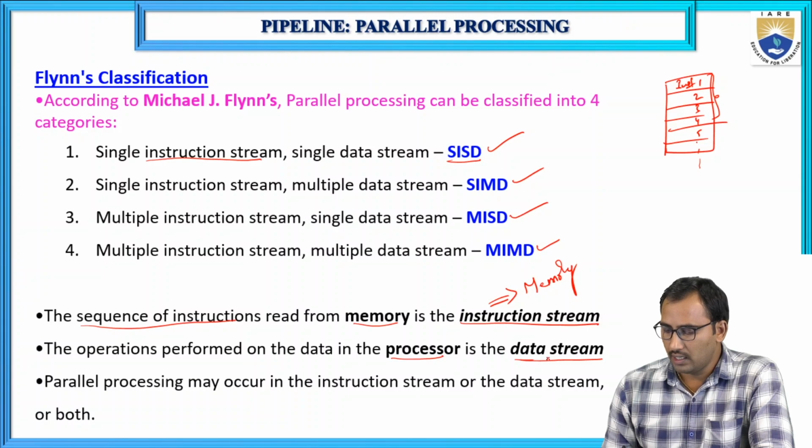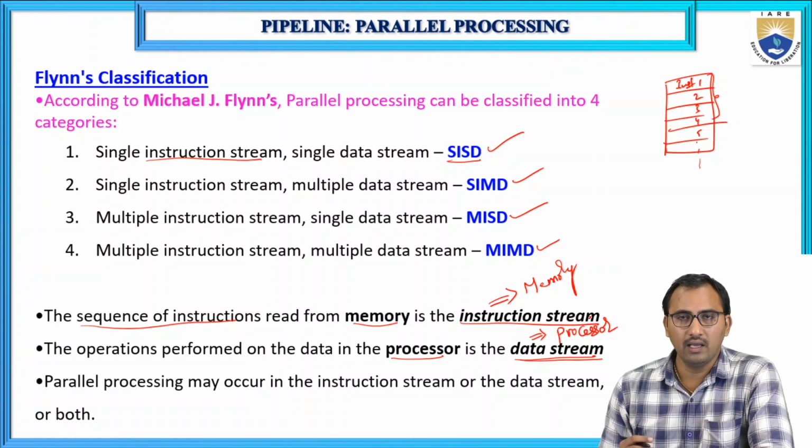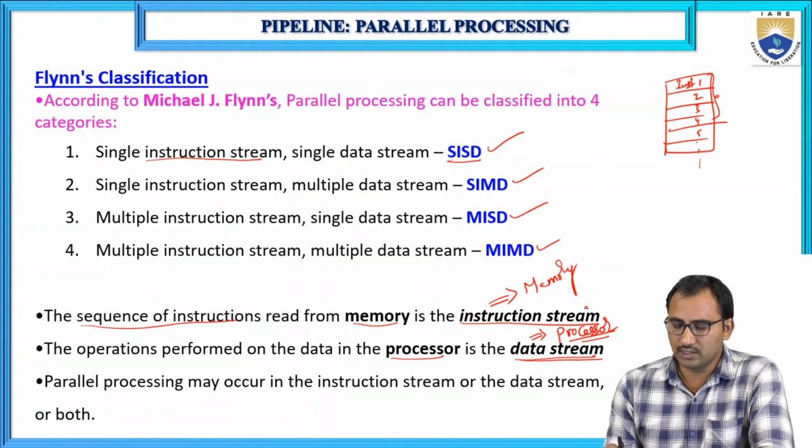So that is called data stream. This data stream is nothing but the processor, because the data will be stored in the internal registers of the processor. That's why the data stream can be considered as a processor.